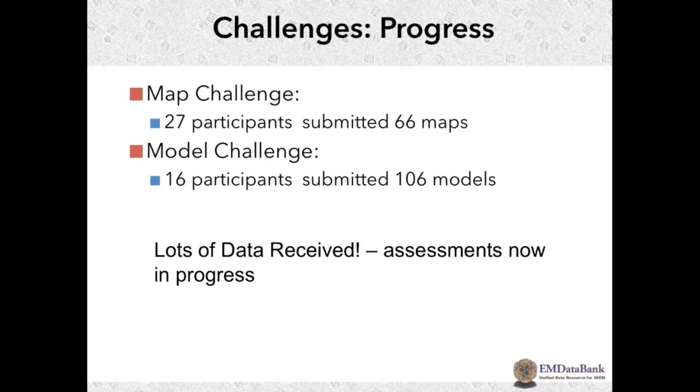The difference in statistics tells you how much more difficult it is to do the map reconstruction than it is to do the modeling. And we currently have assessment phases in progress for both of these challenges. If you want, I can say a little bit more about that, but we've basically been inviting people to come in. I think Phil has been participating as well.